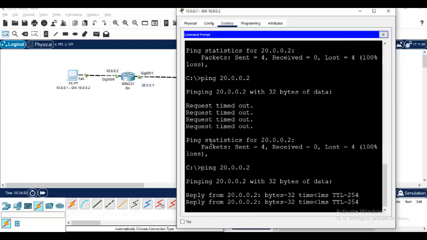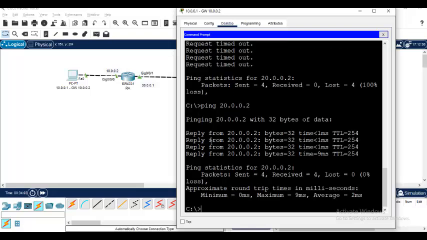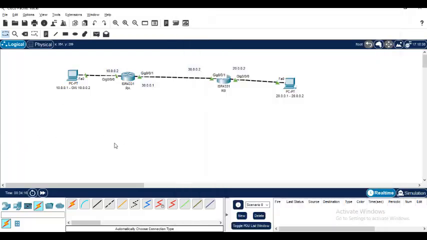I want you to do the lab and come. But not this simple lab, because you have already learned. I want you to do it like this.